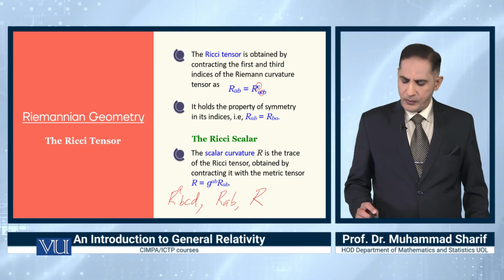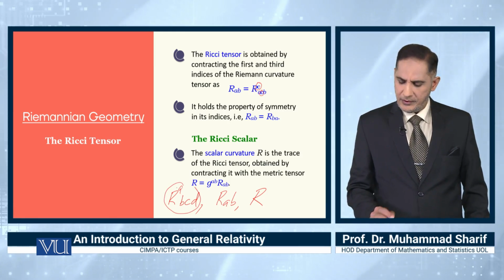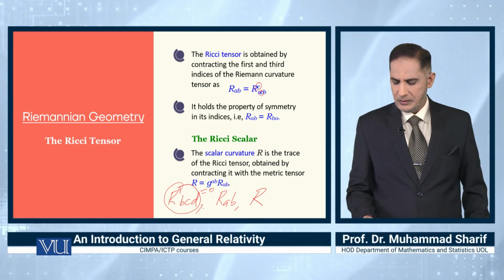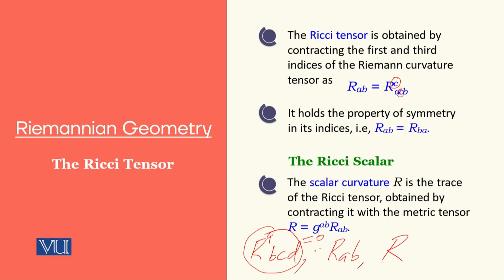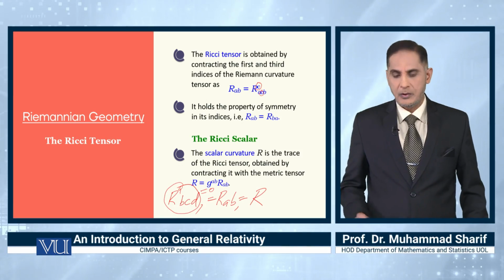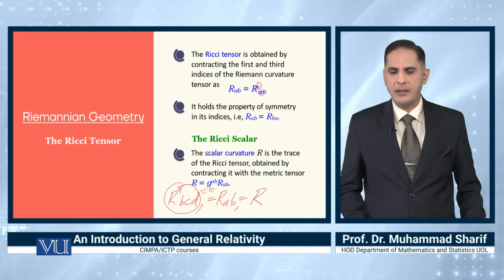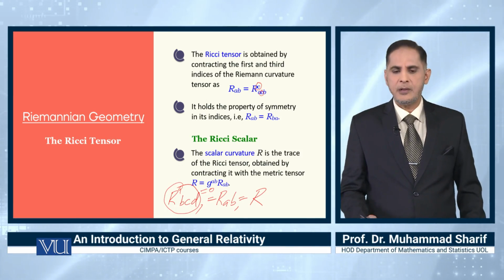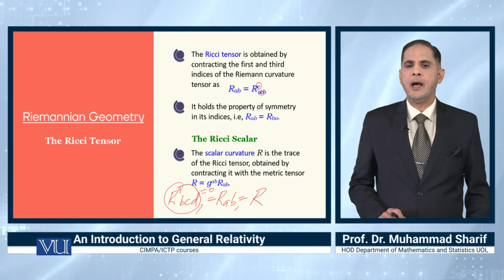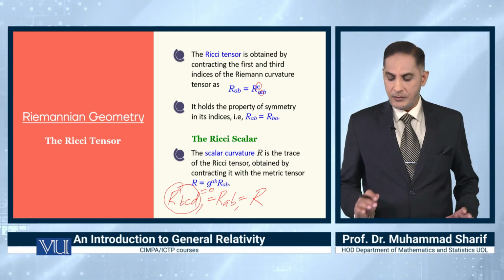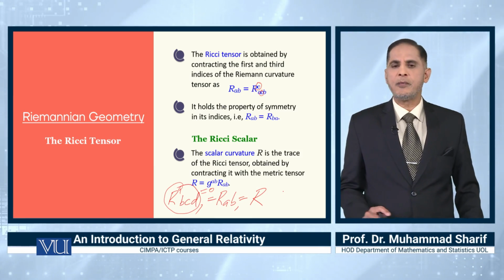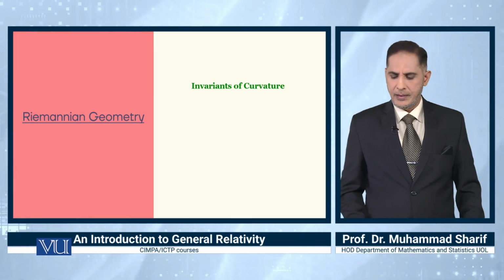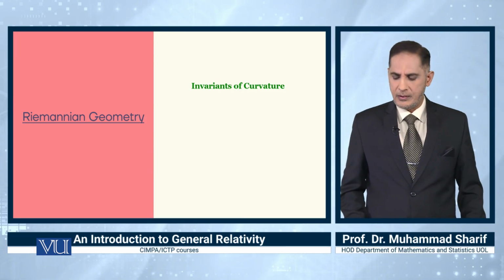So if this Riemann tensor is 0, then definitely this implies the Ricci tensor is 0, and then definitely this implies the Ricci scalar is 0. However, the converse is not true in general, but in a particular case it can be true. So Riemann tensor 0 means we have a flat space time, but RAB 0 doesn't mean we have a flat space time. Okay.